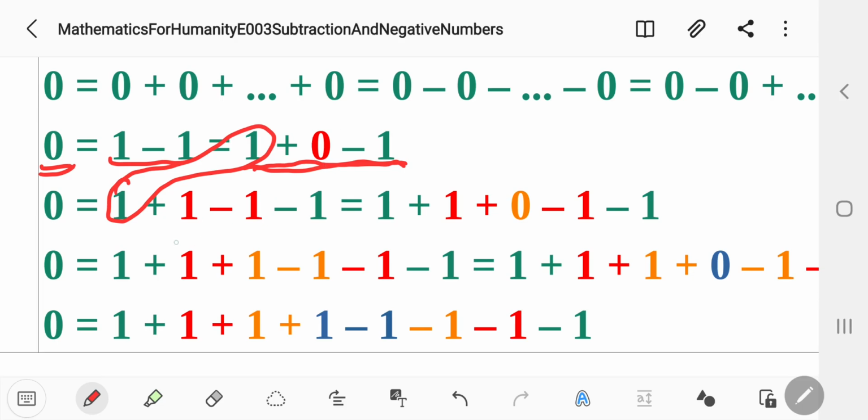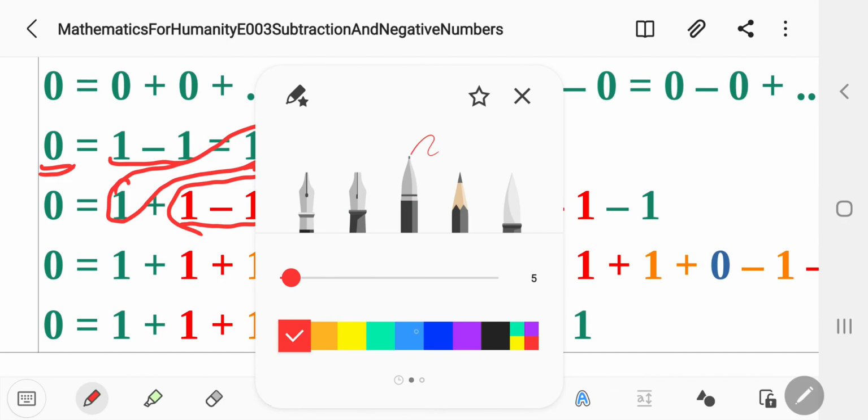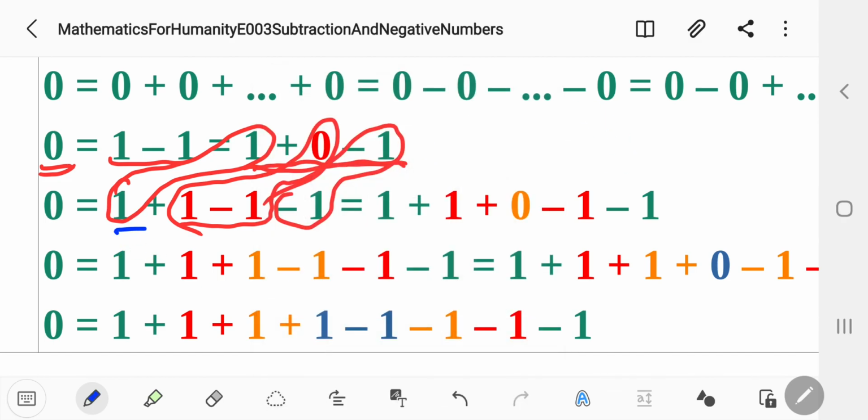And then the 0 can be written as 1 minus 1 again. And then you have negative 1 here. So you have 1 here, then 1 here, the minus 1 here, and then the minus 1 again. So that's the same thing. But you can also still add 0 if you want here. Doesn't matter.